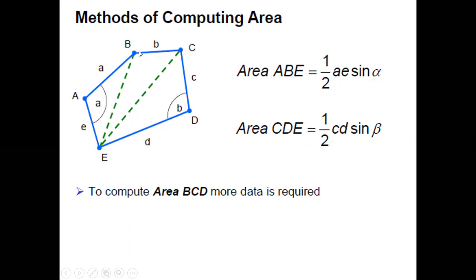Assuming that this is given, we can use Heron's formula to find the area of the second triangle. By adding the area of the three triangles, this will give us the total area for this given traverse A, B, C, D, E, A.